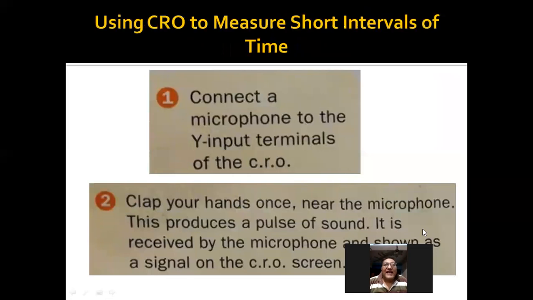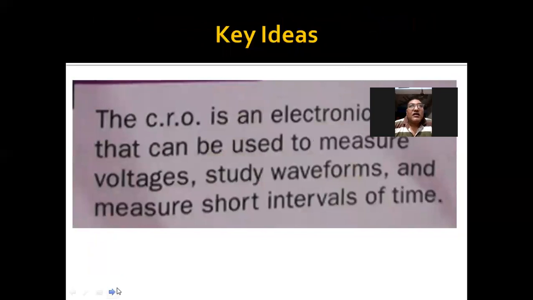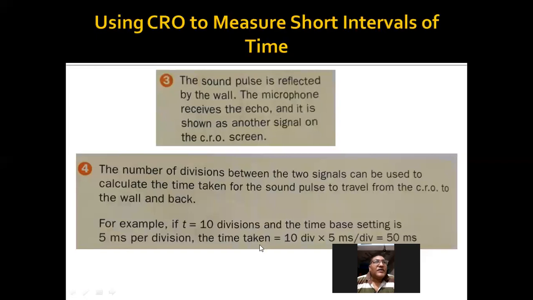He has also explained to you, let me read this. Connect the microphone to the Y input terminals of the CRO. Clap your hand once near the microphone. This produces a pulse of sound. It is received by the microphone and shown as a signal on the CRO screen. The sound pulse is reflected by the wall.